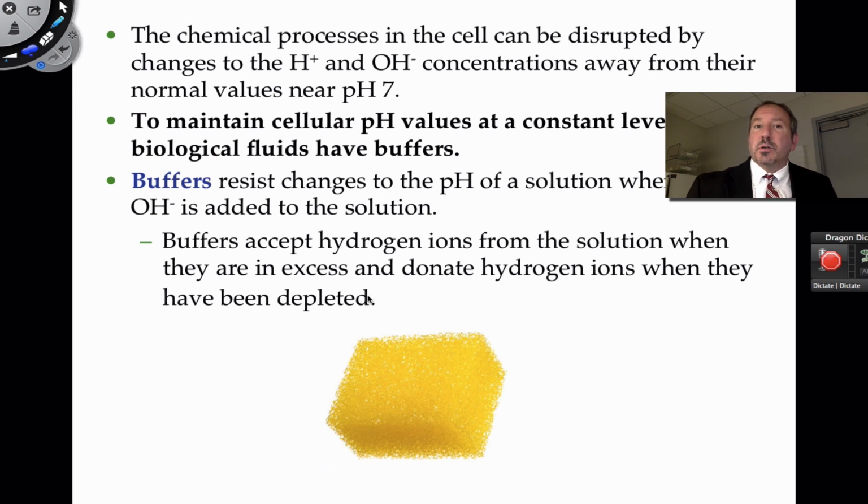They can absorb excessive hydrogen ions, and they can also absorb excessive hydroxide ion concentrations, but they can also donate hydrogen ions or hydroxide ions in order to maintain pH. So buffers can accept hydrogen ions or donate them depending on the need.